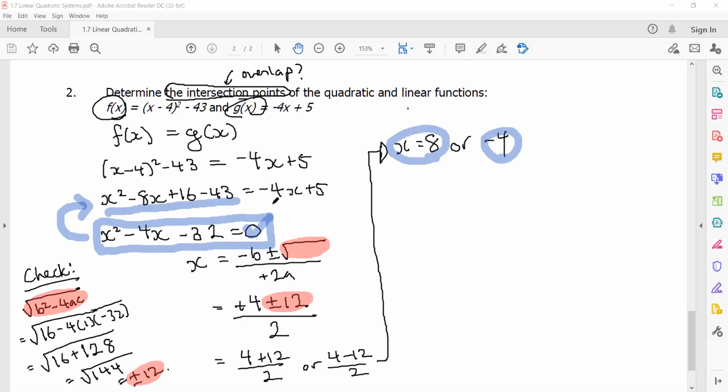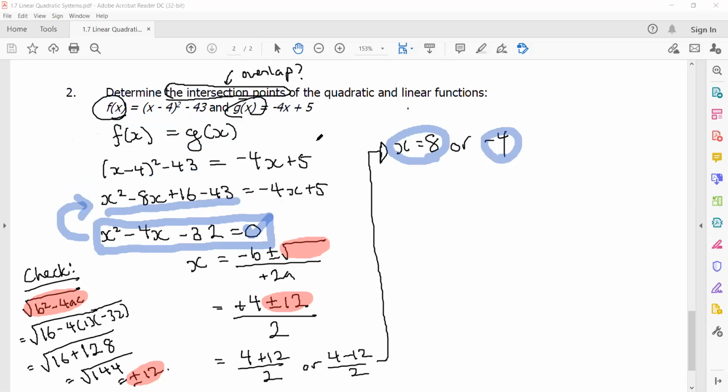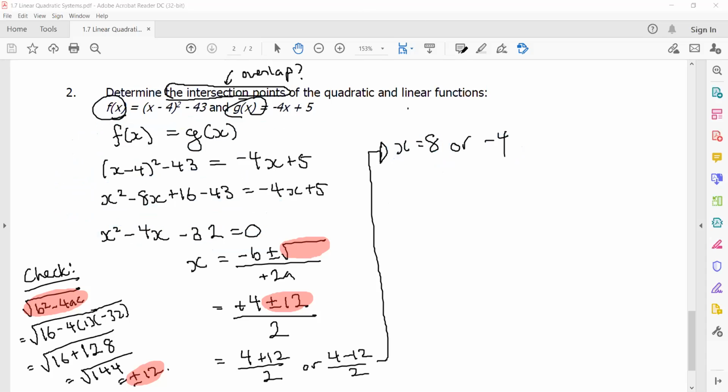In other words, this left side is going to equal the right side, which makes these two functions equal each other. That's what the 8 and the negative 4 are. The 8 and the negative 4 are when these two are equal to each other. So let's plug it in. Whether I put it into here or I plug it into here, you're going to get the same answer because they are, yay, equal to each other. So as Ian was saying, I am going to choose the function that is easier. And I think the linear is going to be easier.